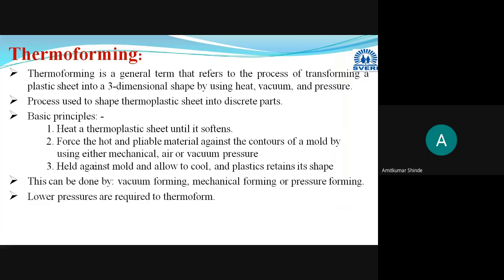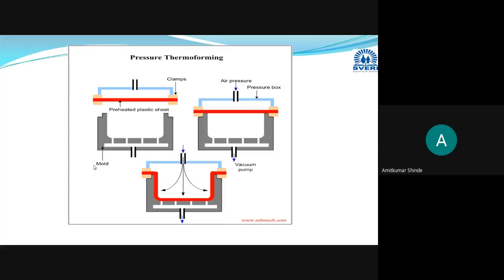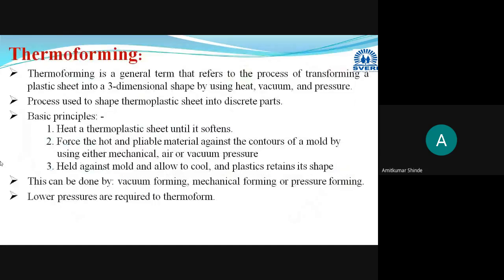Now, the next is the types of the thermoforming process. Here, already I have explained it. We can apply the force with the help of a vacuum medium. You can go for pressure medium, or directly you can apply the pressure also.